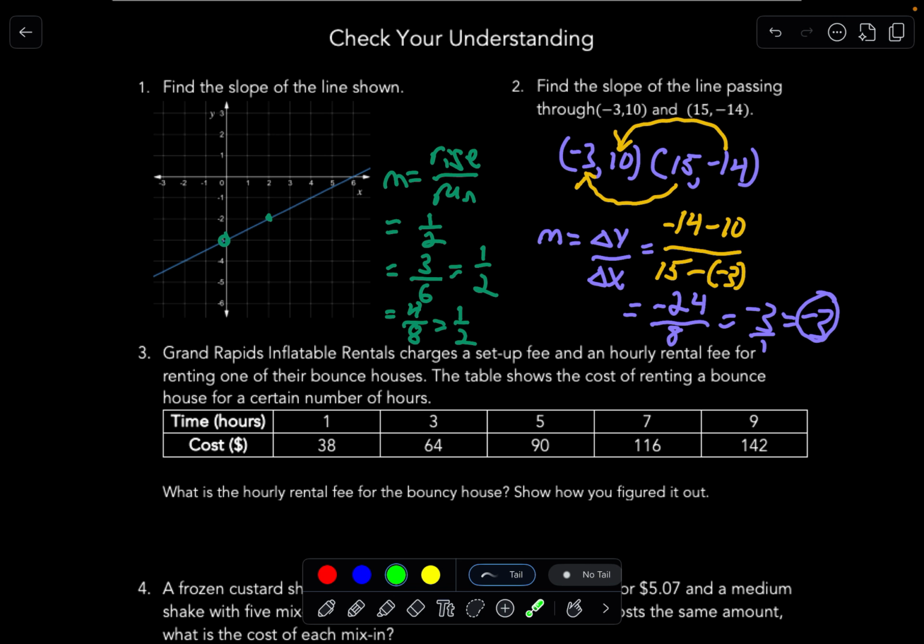And if you did that, you would have gotten negative 8, I think. So it would have been 24 over negative 8, which would still have been negative 3 when you did the ratio.